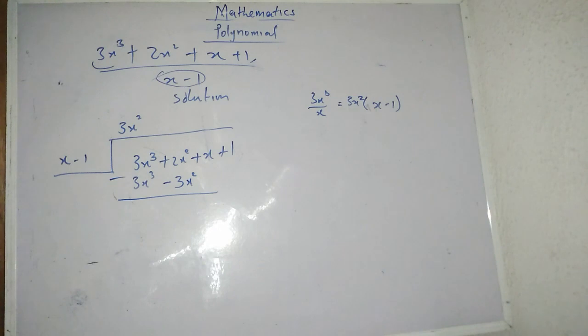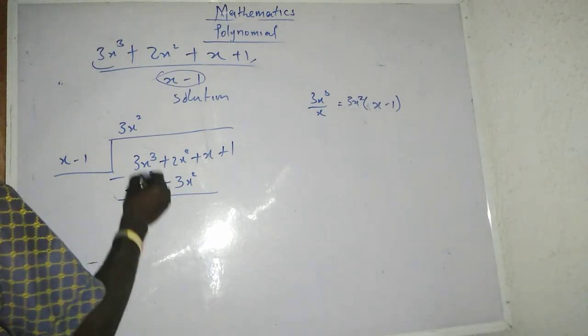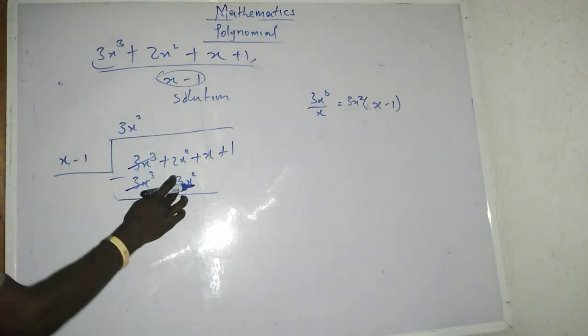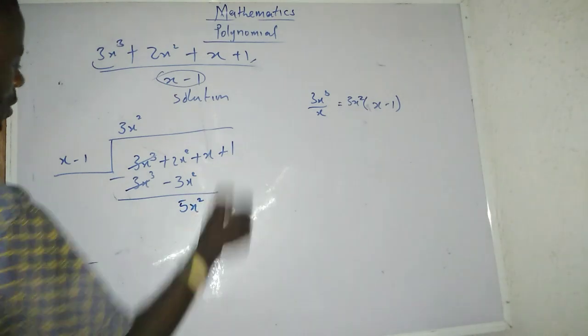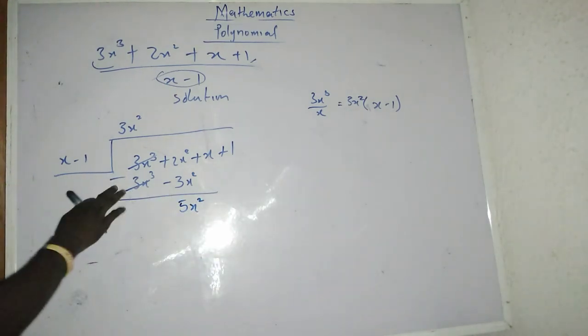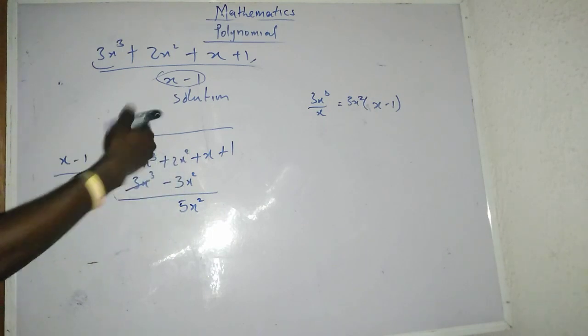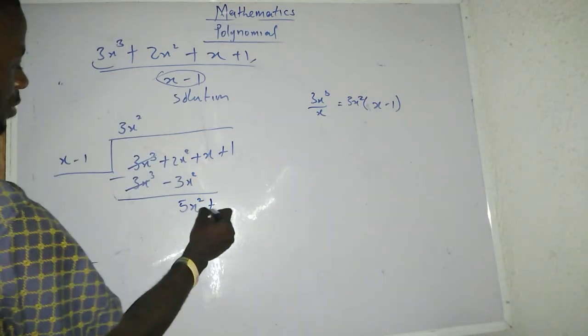I will now minus. My achievement is the first term must terminate, which this minus it will cancel out. This and this, it will be 5x squared. Minus times minus is plus. I can draw down this.